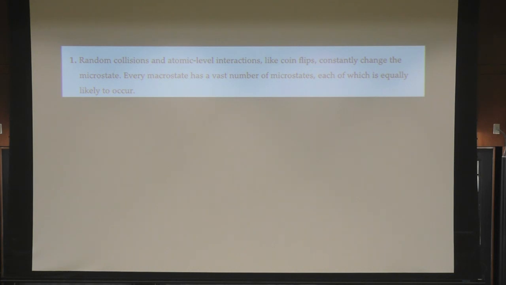There's all sorts of activity going on inside this thing, but the macrostate, which is like the total energy that it has, doesn't change. It's like flipping tons of coins and asking, am I going to be more likely to have more heads than tails after flipping billions of coins continually? No, it's always going to be about the same. There's about 50-50 of each. So that's how that comes about.